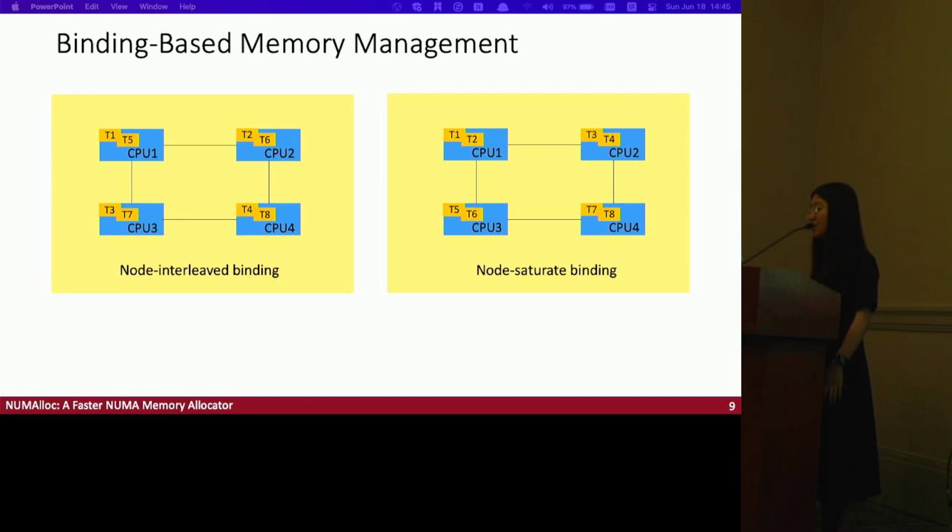In this case, the number of threads assigned will be the same as the number of hardware cores on one node. NUMAlloc uses node interleaved binding by default. Additionally, users can also provide their customized binding file, a configuration file, to fit their workloads.